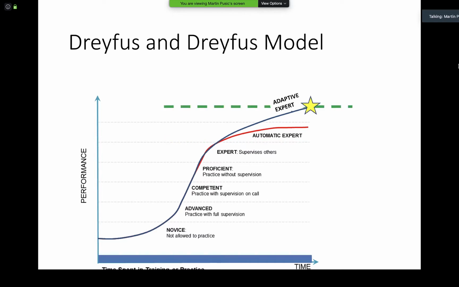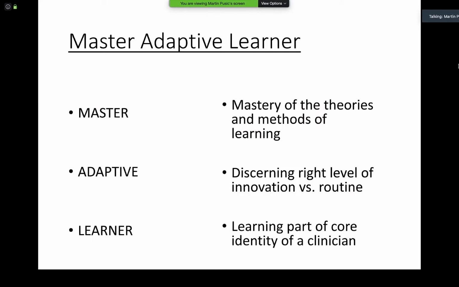And so we want to train for adaptive expertise, the ability to get better and better. And what we want is for our clinicians to have a slope in which they're getting better and better as they move forward. And that means being open to innovation and not just routinized approaches.